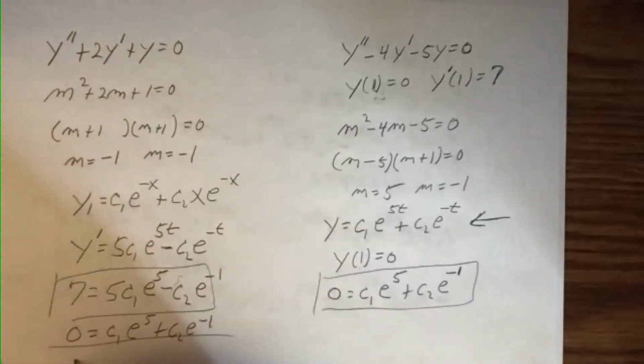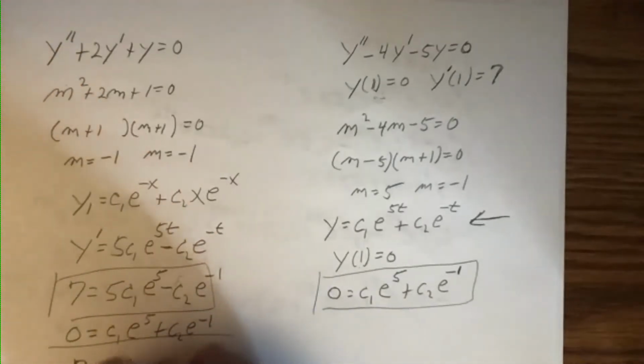So I'm left with 7 is equal to 5c1 e to the 5th plus c1 e to the 5th. Well, now let me just write it like this. This is going to be equal to 6 c1 e to the 5th, right?